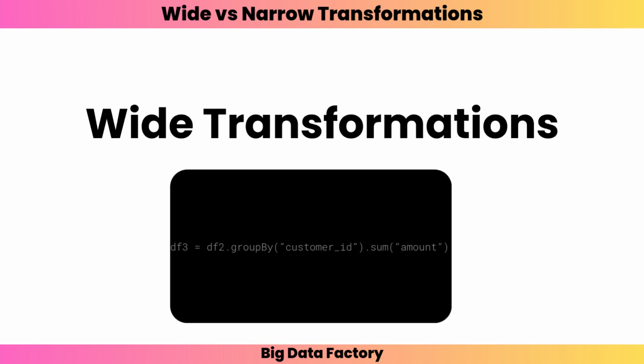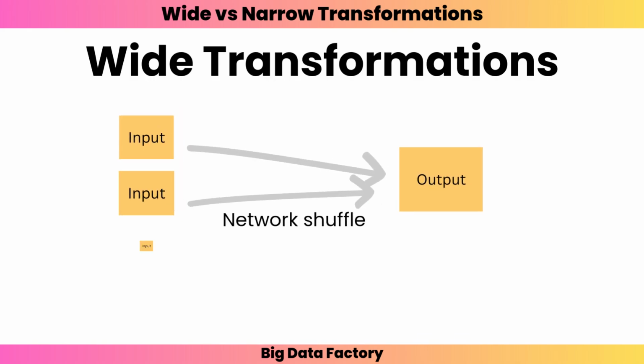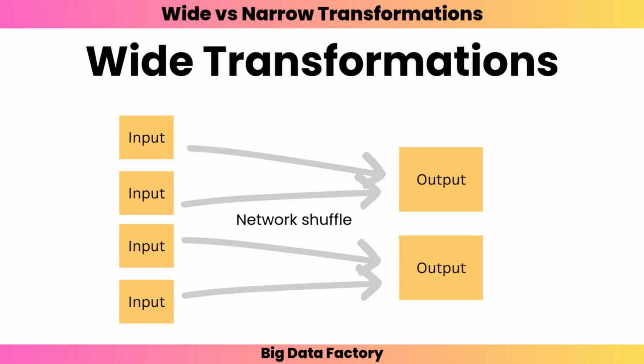Now comes the line that often turns everything wide: groupBy. Why is groupBy wide? Because Spark must guarantee that all rows for the same customer ID meet each other. If customer 42 has rows in 50 different partitions, Spark must move these rows so they land in the same partition for aggregation. That regrouping is the shuffle. So groupBy is a classic wide transformation. Same for distinct.